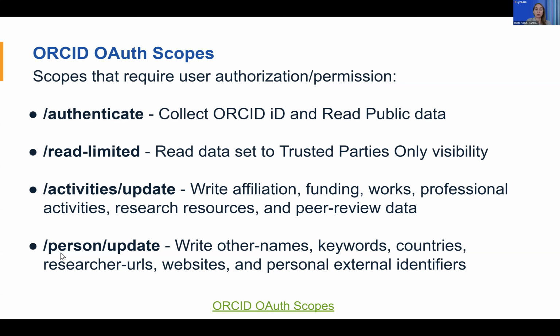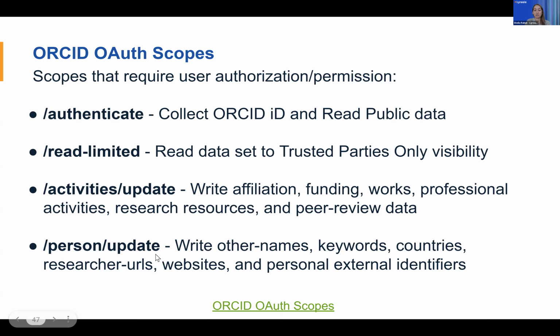And then there's two scopes that pertain to writing data to ORCID, and it kind of depends on what kind of data you want to write to ORCID. So there's activities update, and that's for any of the kind of activities that are listed in the main section of the ORCID record. So any of the affiliations, funding information, works, professional activities, research resources, and peer review.